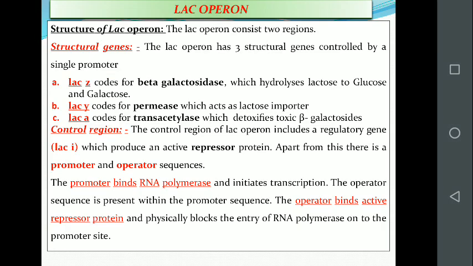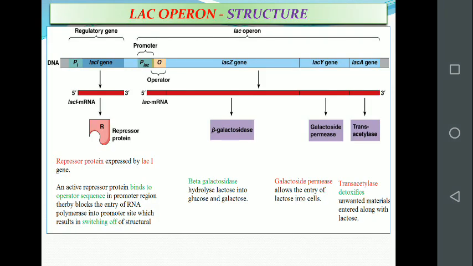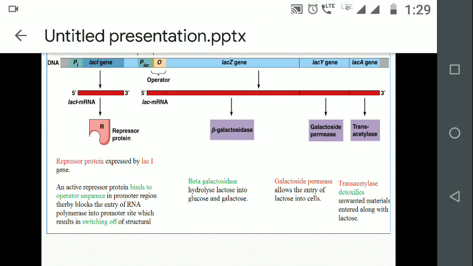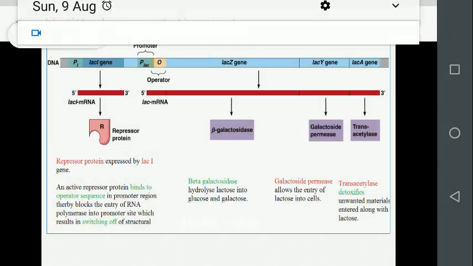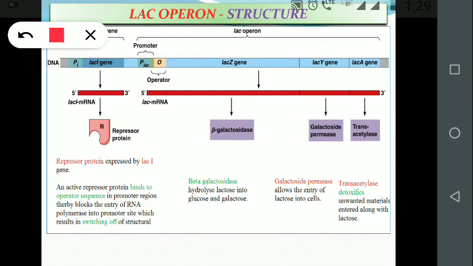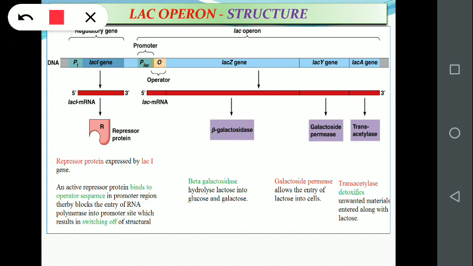Okay, when we look at the structure of lactose operon, as we have already discussed, lactose operon contains three structural genes. First one is lac Z gene, then lac Y gene and lac A gene.